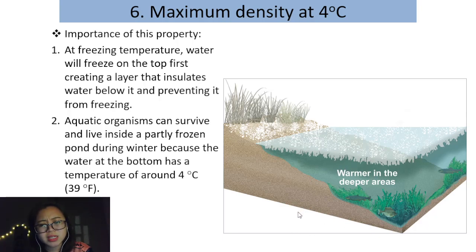Why is this important? Because the water contains living organisms, and aquatic organisms can survive and live inside a partly frozen pond during the winter because water at the bottom has a temperature of around 4 degrees Celsius. Bila dia begini, di atas ni adalah 0 degrees Celsius, di bawah around 4. So ikan-ikan or whatever other plants, whatever other animals that can live at that temperature will continue to live at that temperature.